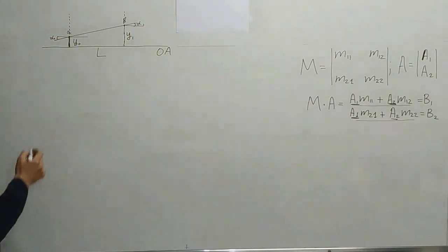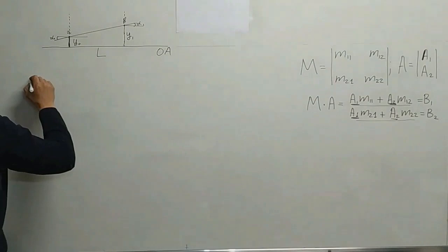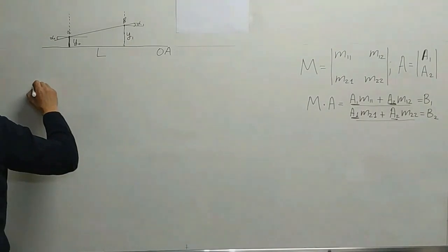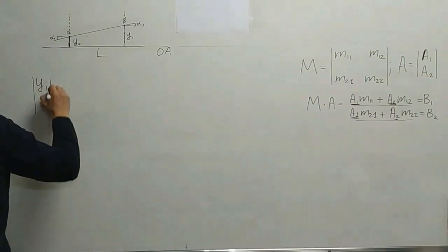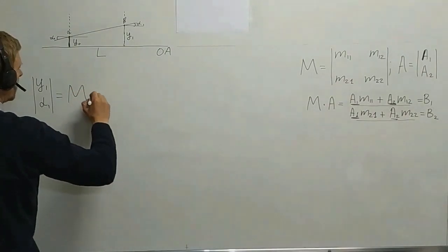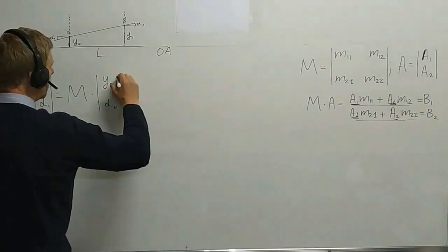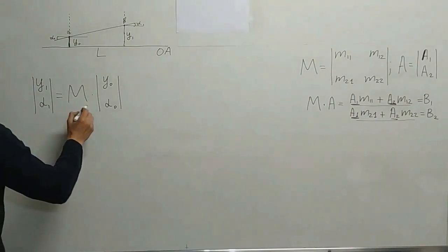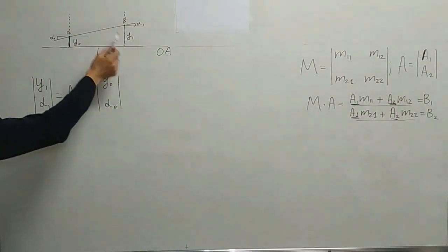So now I can write that in the output of the system, the vector representing the beam position is y1 alpha 1, and it is equal to some matrix times y0 alpha 0.